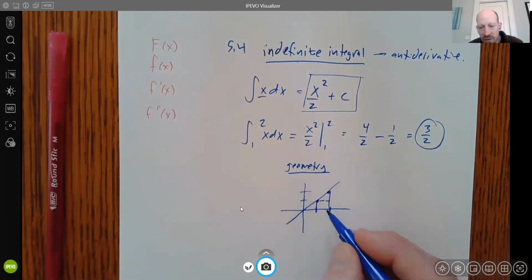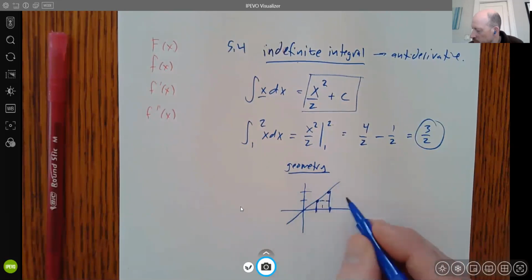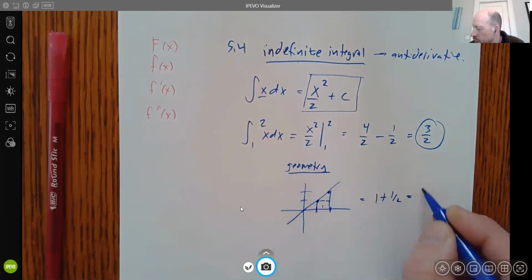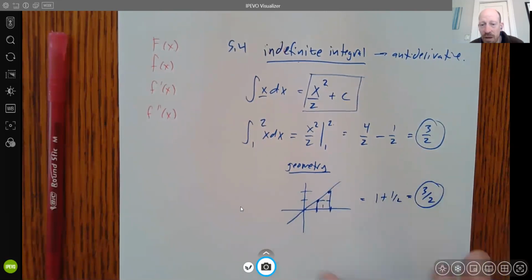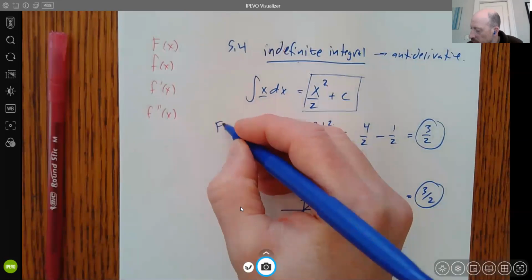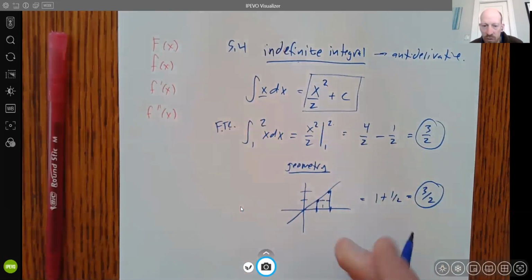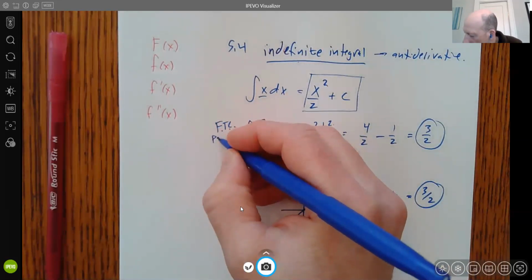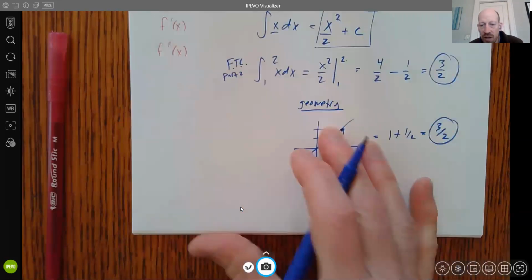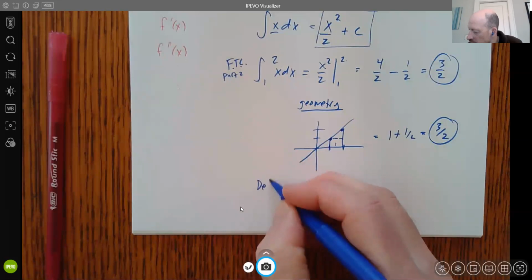And you can see from basic geometry here that that's 1 and that's 1/2. So 1 plus 1/2, no surprise there. That's also 3/2. So that was the fundamental theorem of calculus, really part 2 if you want to be specific. This is geometry. And then we also have the definition.